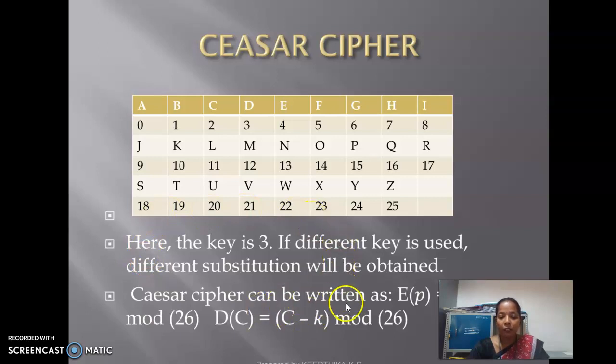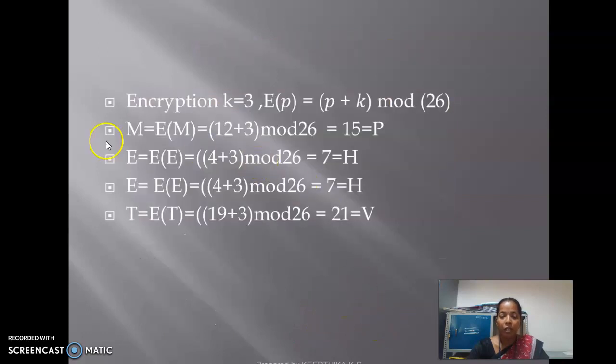The Caesar cipher can be written as E, that is, encryption of plaintext is equal to plaintext plus key mod 26. Mod 26 denotes the 26 alphabets. For decryption, decryption of ciphertext is equal to ciphertext minus key mod 26. First, let's see encryption.